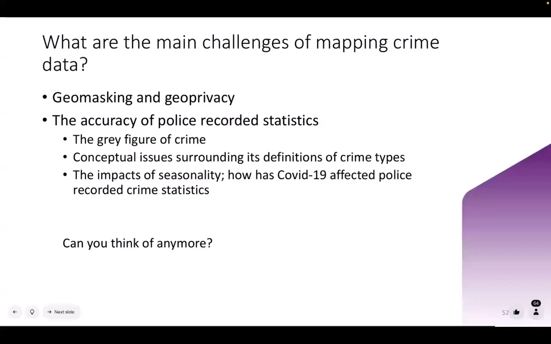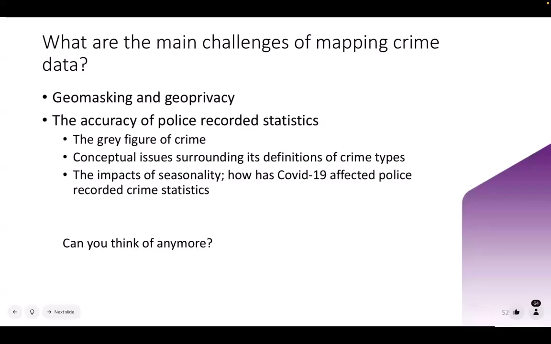There are also issues with the grey figure of crime, which is that they underestimate the actual number of crimes recorded and not just reported, which again reduces the accuracy of statistical models. Unfortunately, this isn't something that can be overcome in our mapping techniques, but it is again something to consider and something to think about in those interpretations.